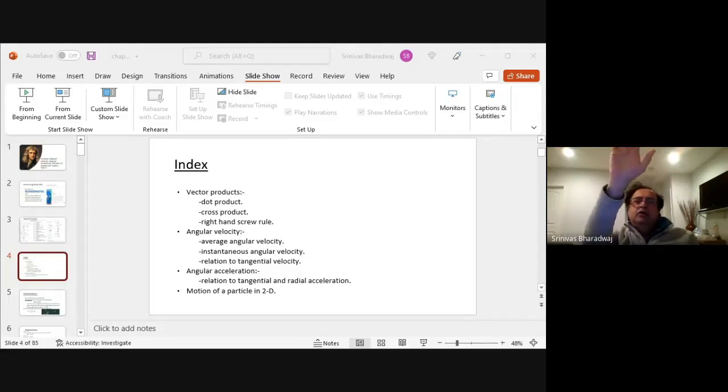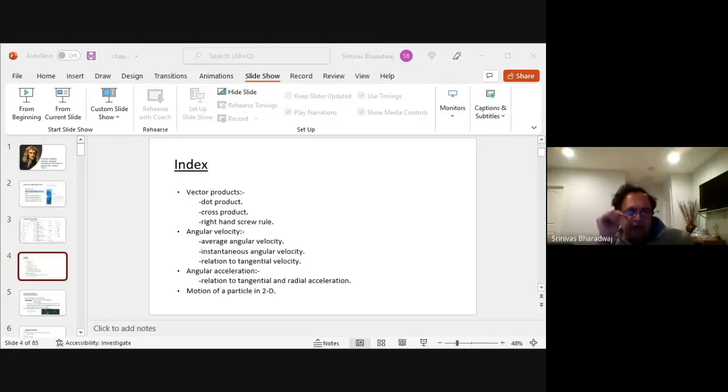Omega cross r will give you the direction of v. The direction of v is tangential.